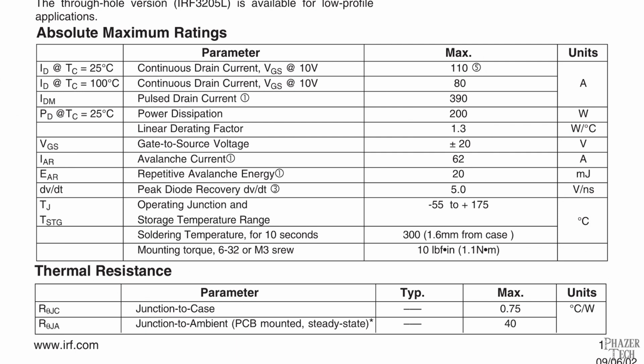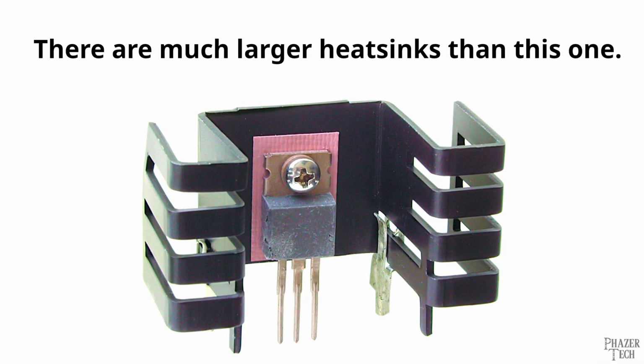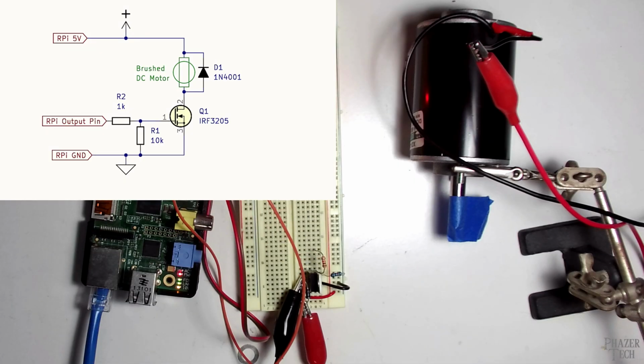But of course, to get that much power out of it, you need to attach a large heat sink to it. Today, we are barely running at the most half an amp. So we don't need a heat sink in this case. MOSFETs are very efficient, which is why it can do that in such a small package.